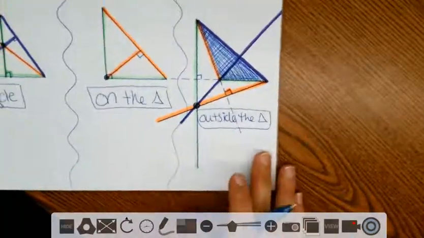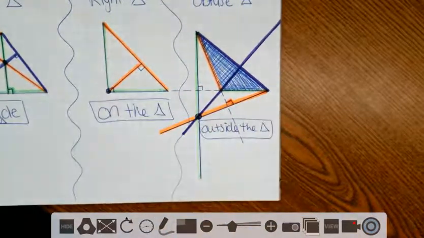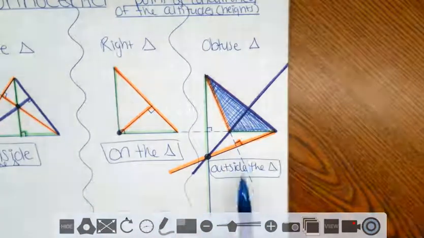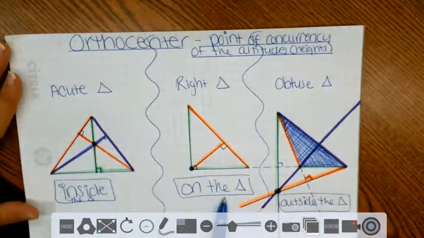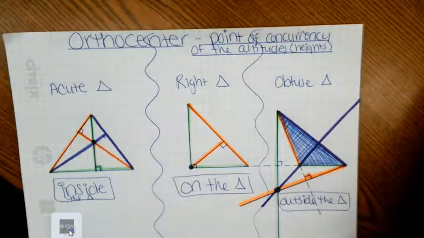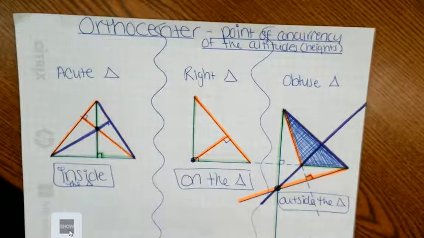Alright, just so you guys can see where the original triangle was, here's my original triangle. This is my orthocenter, located outside of the original triangle. Okay, so if it's obtuse, it's located on the outside. If it is right, it is located on the triangle. And if it is acute, it is located inside the triangle. Okay, so that is your orthocenter. It's your point of concurrency of the altitudes, which are your heights of the triangle.